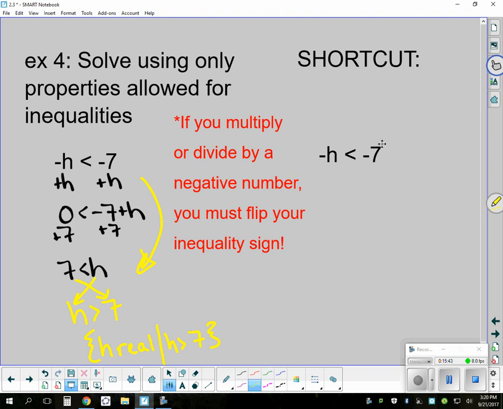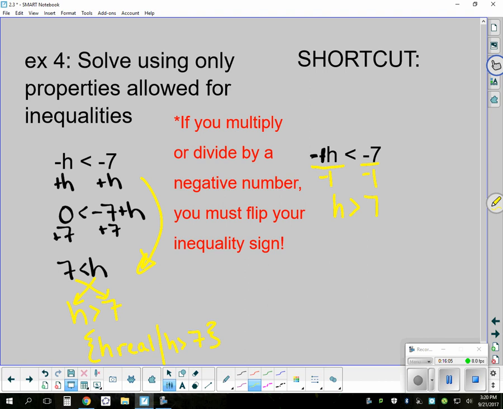So let me show you that on this inequality. So we know negative h is really negative 1h. So what we could do is we could divide by negative 1. Because you are dividing by a negative number, your less than sign flips around and becomes a greater than sign.